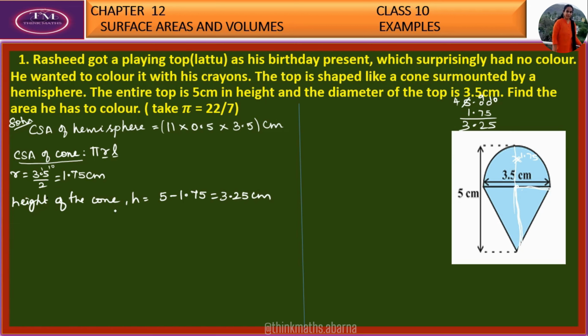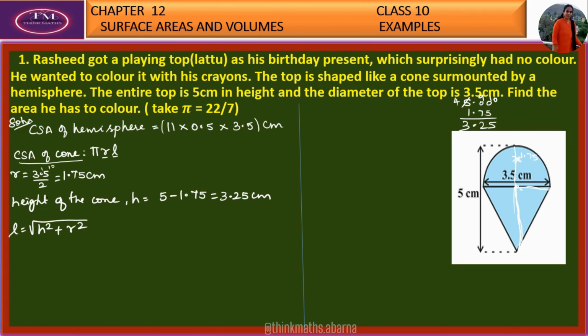Now we have the height of the cone h and r. So the next step is we have to find out the slant height of the cone, which is denoted by L. From the introduction video, we know that L is equal to the square root of h square plus r square.